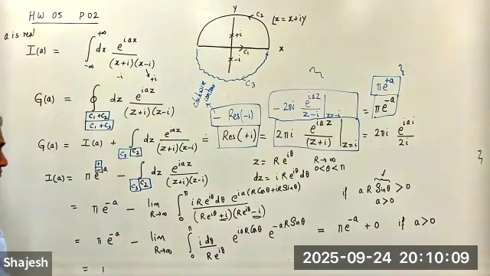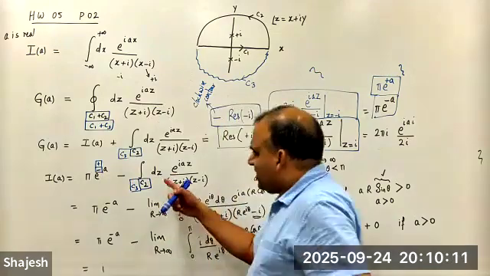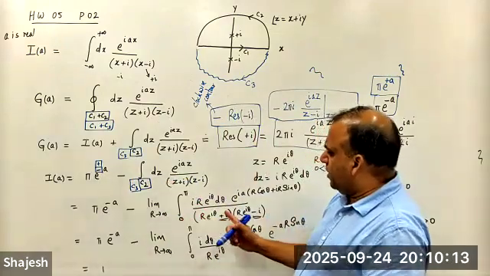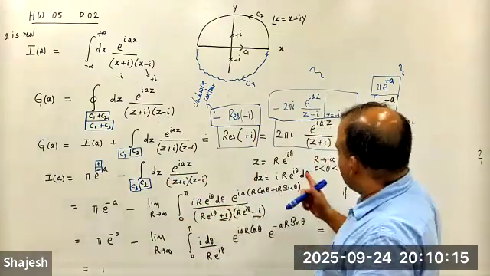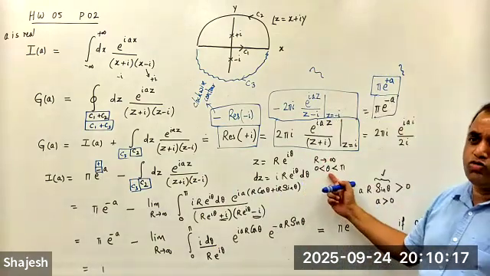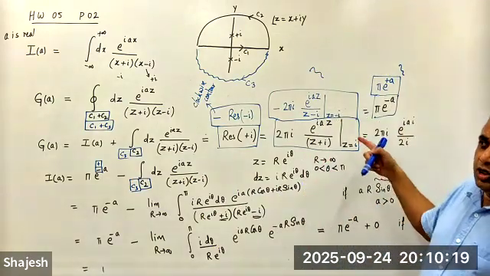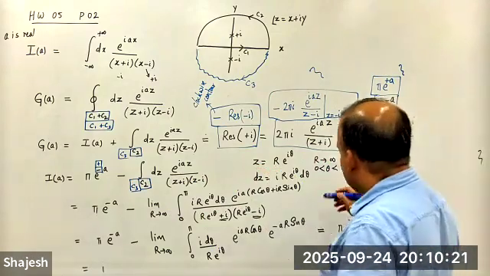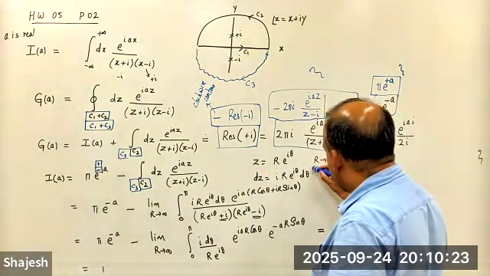But C3 is very similar, except that theta now goes from 2 pi to pi.